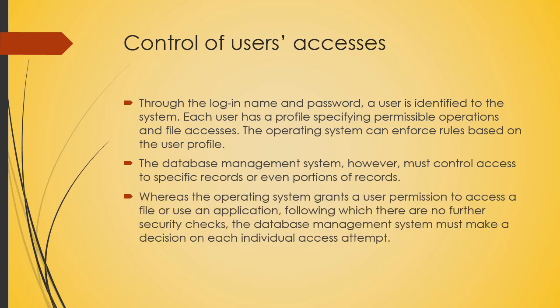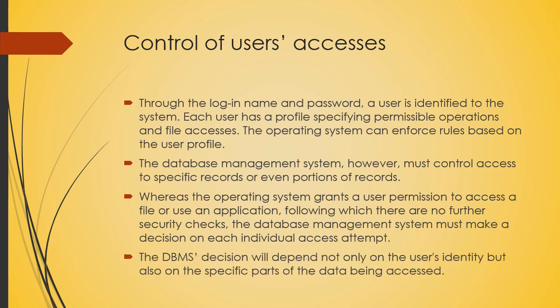Whereas the operating system grants a user permission to access a file or use an application, following which there are no further security checks, the database management system must make a decision on each individual access. The DBMS's decision will depend not only on the user's identity but also on the specific parts of the data being accessed.